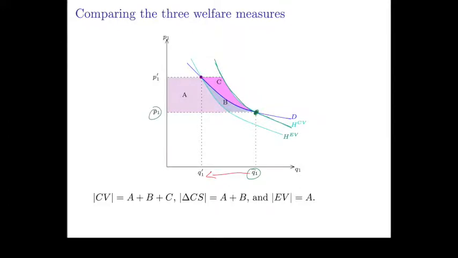We're not going to do the math for this course, but it turns out that the compensating variation is given by the area under the Hicksian demand, or the compensated demand, at the utility level that they originally were at. So the compensating variation is going to be the area A plus B plus C. So it's all of this area.